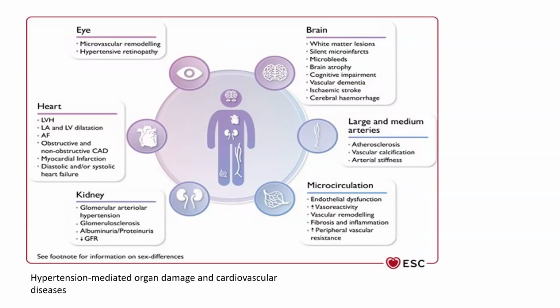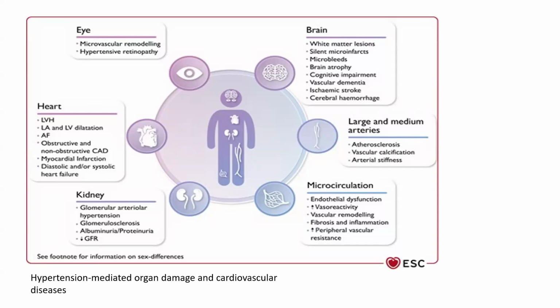The organs involved with the complications of hypertension are the heart, in the form of left ventricular hypertrophy, coronary artery disease, and heart failure. Patients also develop atrial fibrillation due to hypertension. In the brain, they could have vascular dementia, ischemic and hemorrhagic strokes, and white matter lesions, which we see commonly on MRI reports.